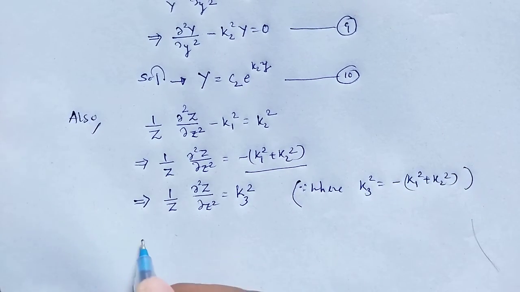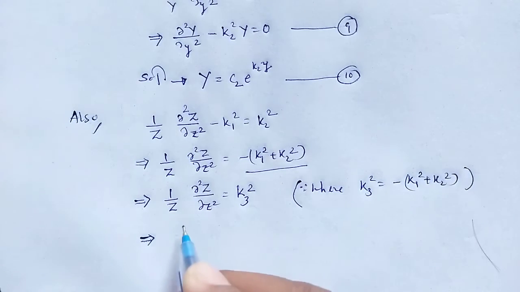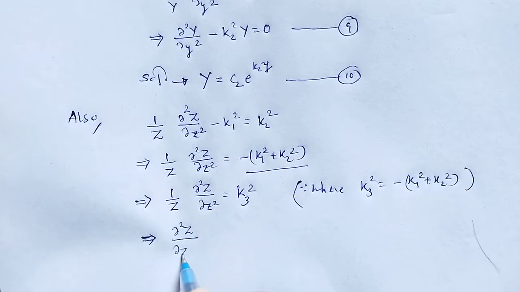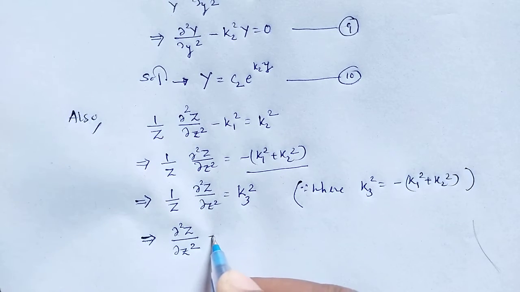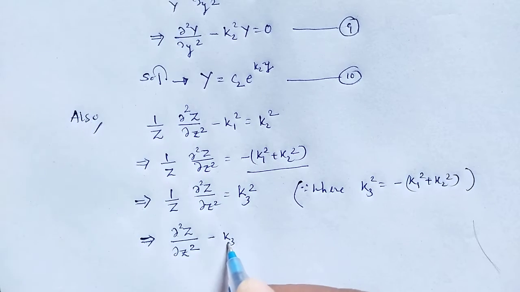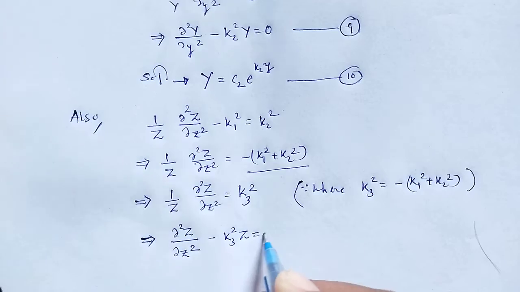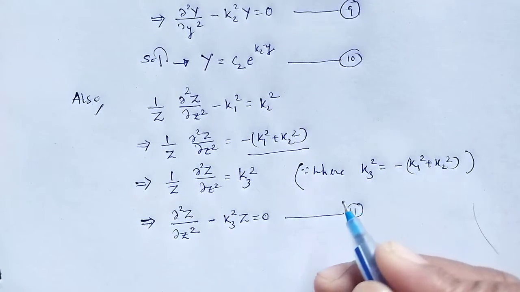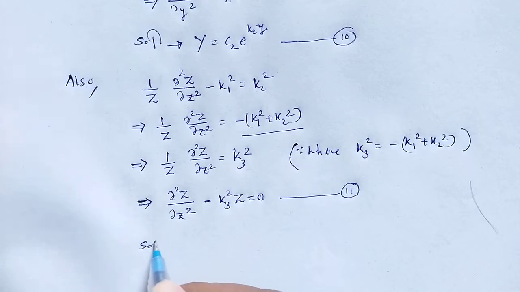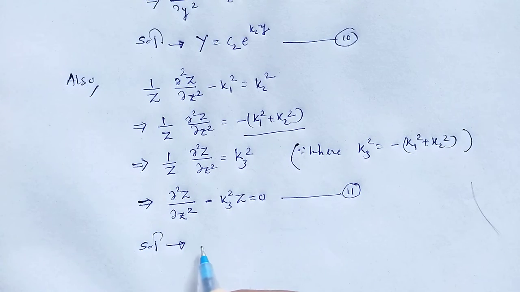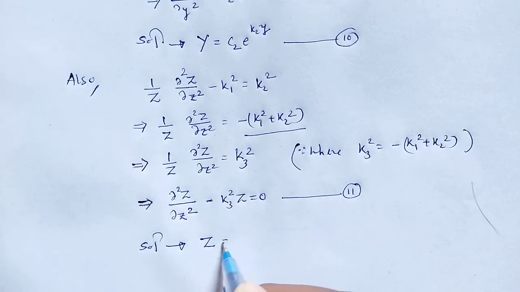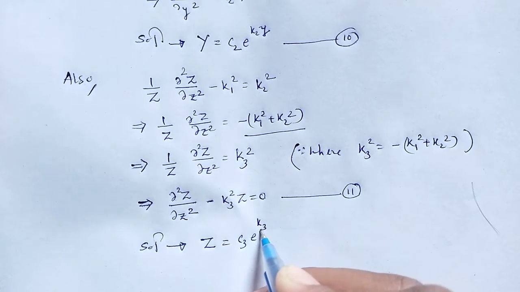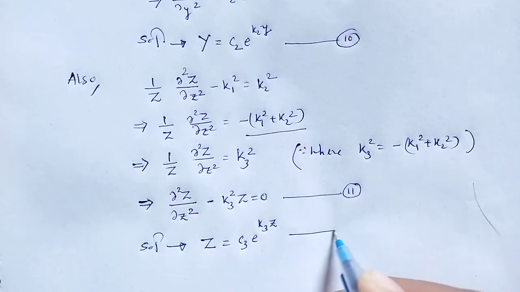That is, which implies del 2 Z del z2 minus k3 square Z is equal to 0. Equation number 11. Then its solution, that of Z, is equal to C3 e to the power k3 z.